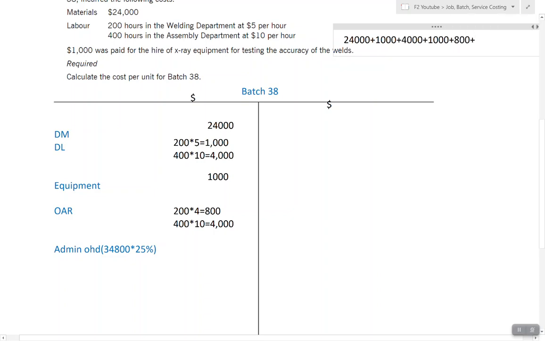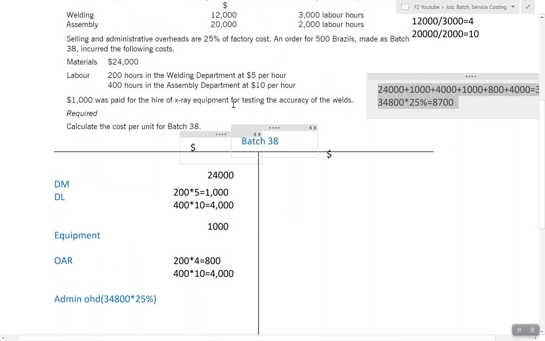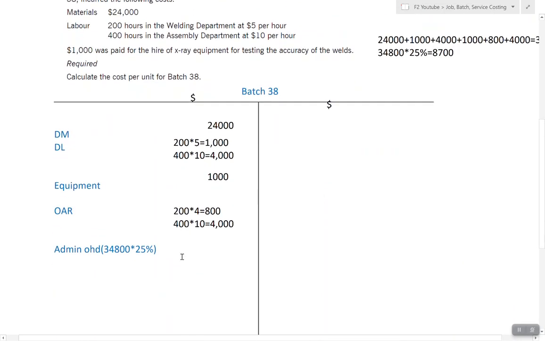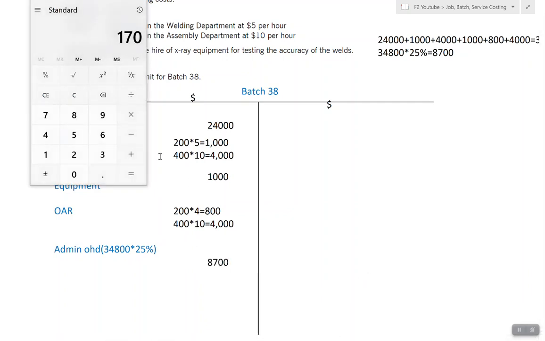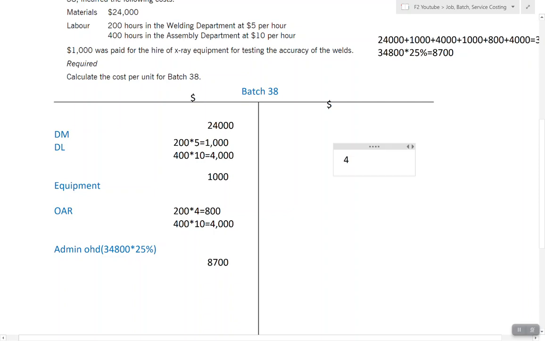Plus 800 plus 4,000 becomes 34,800. 34,800 multiplied by 25% is the administration and sales and distribution overheads. Selling and administration, 8,700. 8,700 added to that 34,800 becomes 43,500. Call it finished or whatever you want to call it.